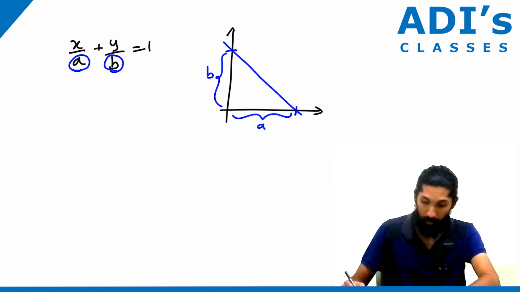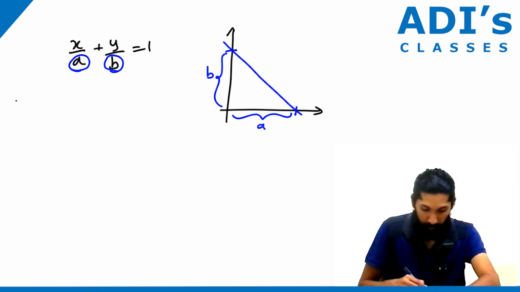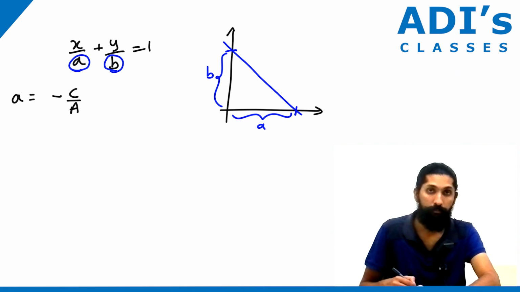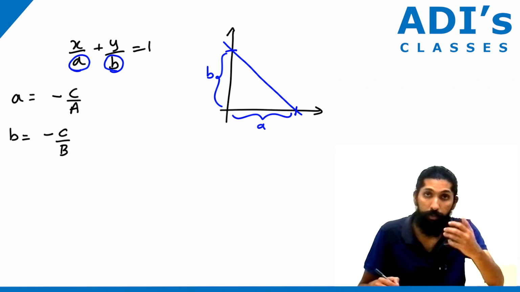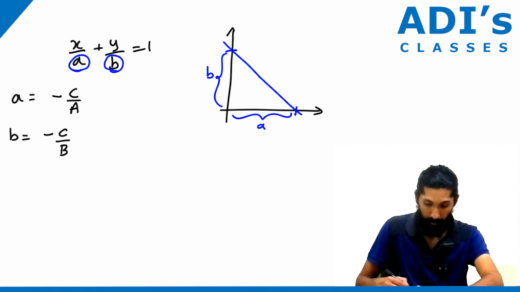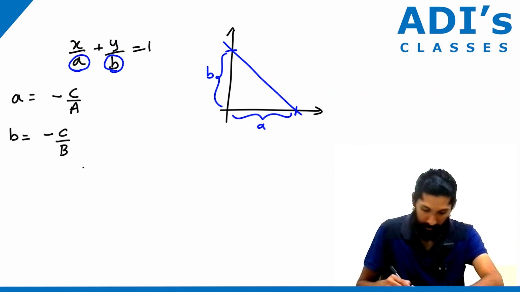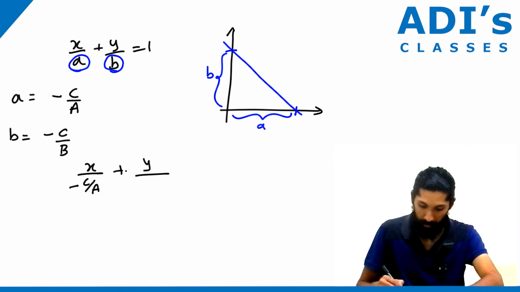Correct. So here, the A value, x-intercept value becomes minus C by A, and B value becomes minus C divided by B. Substitute. If you substitute, you will get X divided by minus C by A plus Y divided by minus C by B is equal to 1.